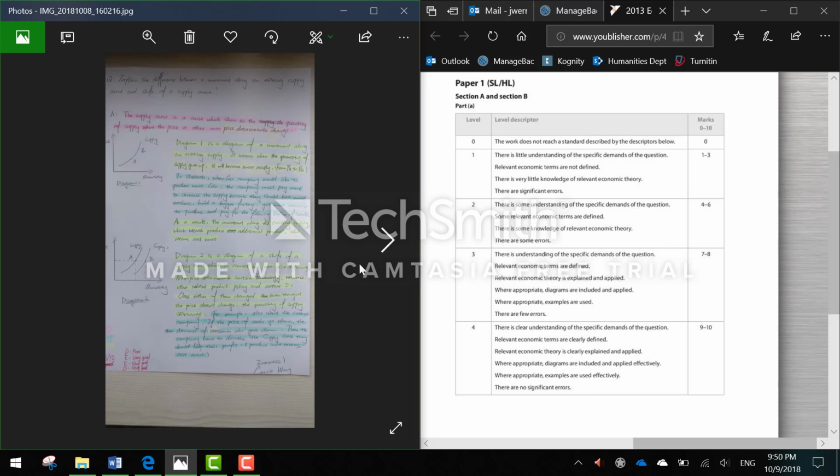Are the diagrams good? Well, they're okay, right? They're not incorrect, but they could be more detailed, like I said, with quantity and price. I also, as a personal preference, and I'm sure other examiners and teachers might agree, think titles for diagrams can help your explanation a lot.